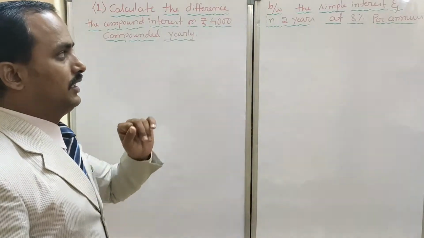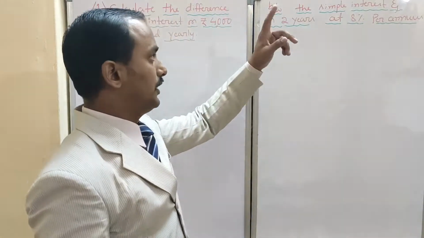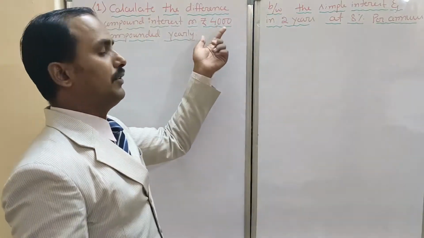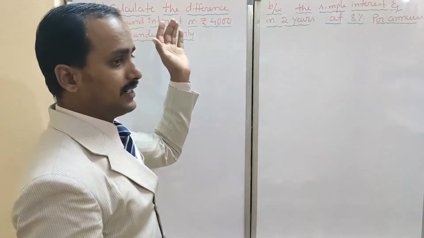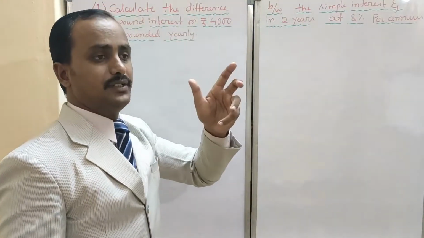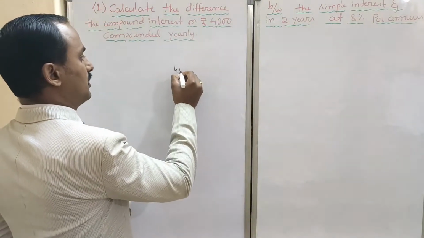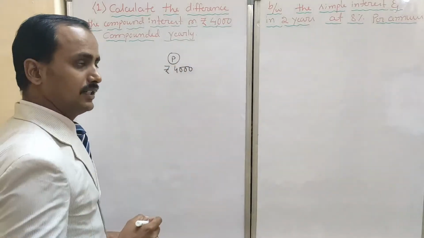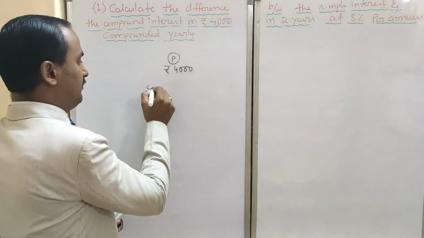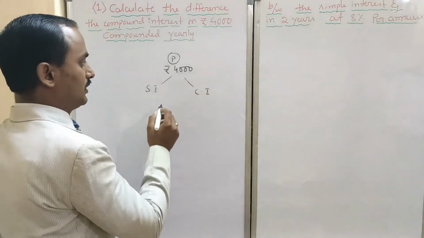Dear children, here is 8% per annum for 2 years on an amount of 4,000, in simple interest and compound interest.